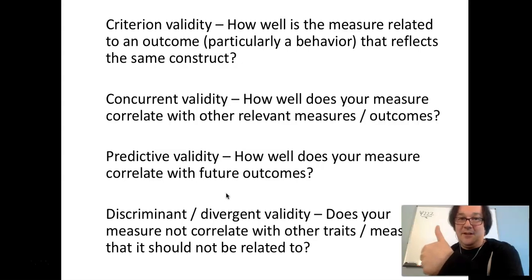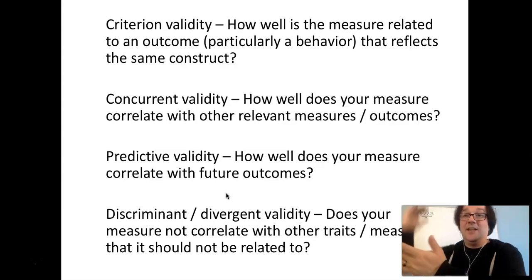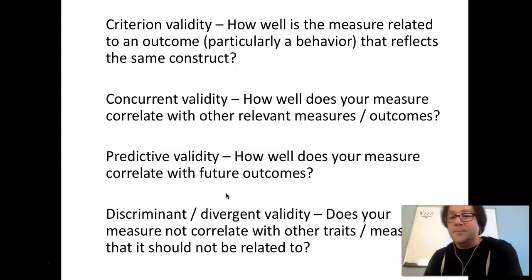So good for my scale, right? If you're scoring high on my depression scale, sucks for you, not good for the subject, but good for my scale if you're scoring low on a happiness measure. That would be divergent or discriminant validity.